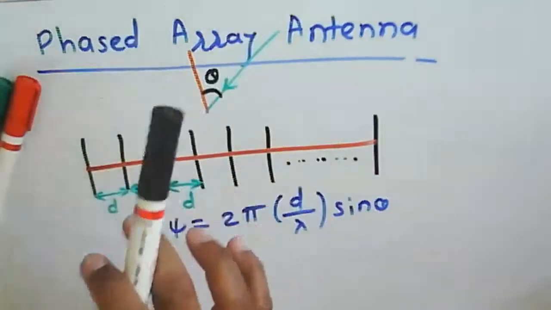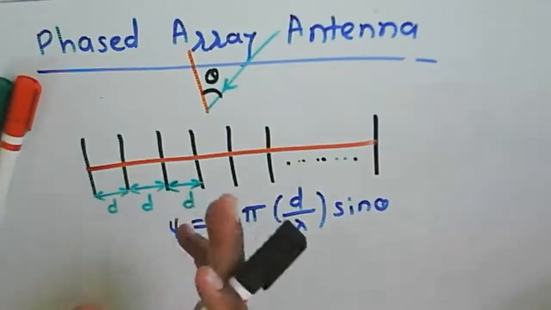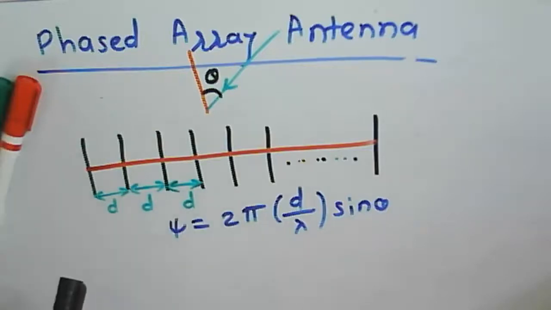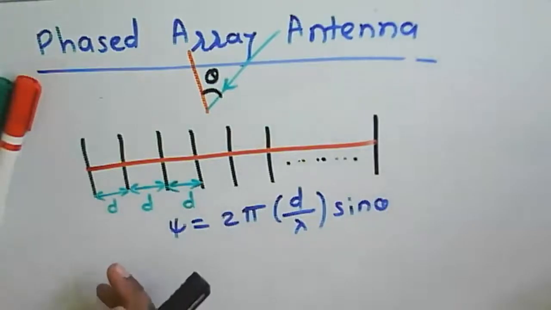There are various types of array antenna. Whether we apply the same amplitude and same phase to each and every element, or we have variation in the amplitude but same phase, or variation in the phase but same amplitude. Based on that, there are various types of array antennas.